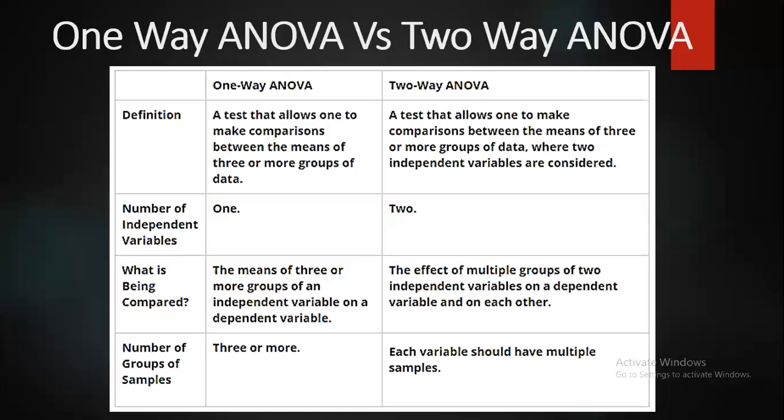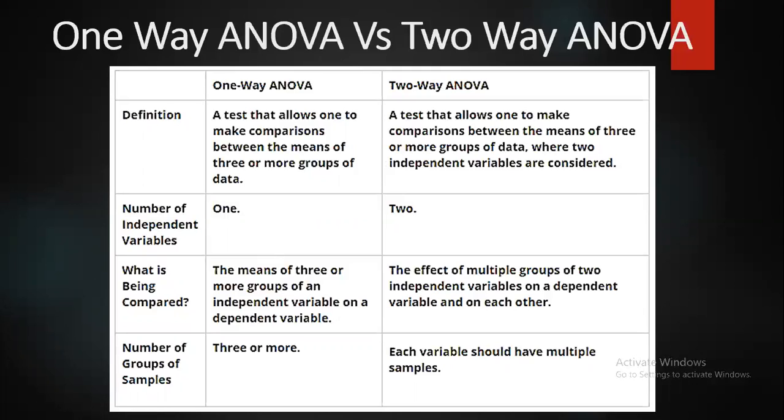Let us make it clearer by looking at one-way ANOVA versus two-way ANOVA. From the definition, one-way ANOVA allows you to make comparisons between the means of 3 or more groups.